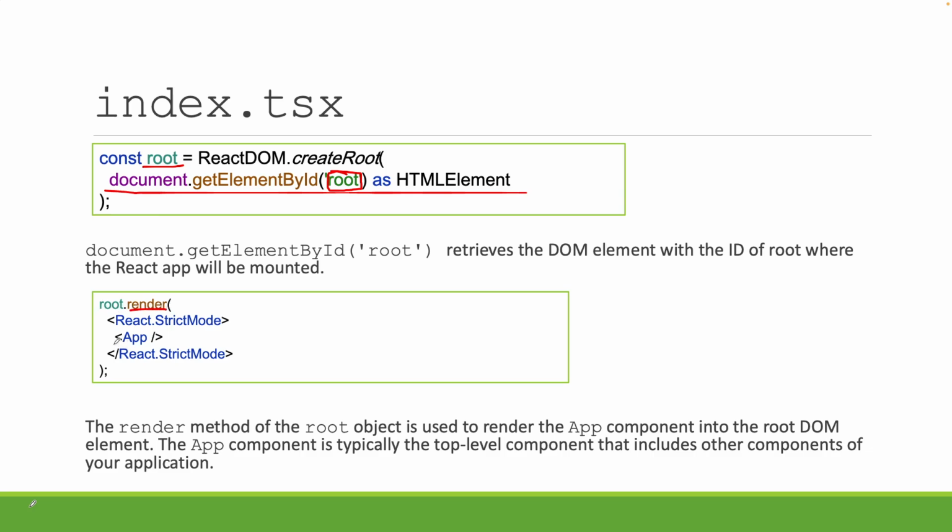Render what? You can render a functional component, a React component. This one is a React component. The render method of the root object is used to render the app component in the root DOM element. The app component is typically the top level component, which includes other components of your application.